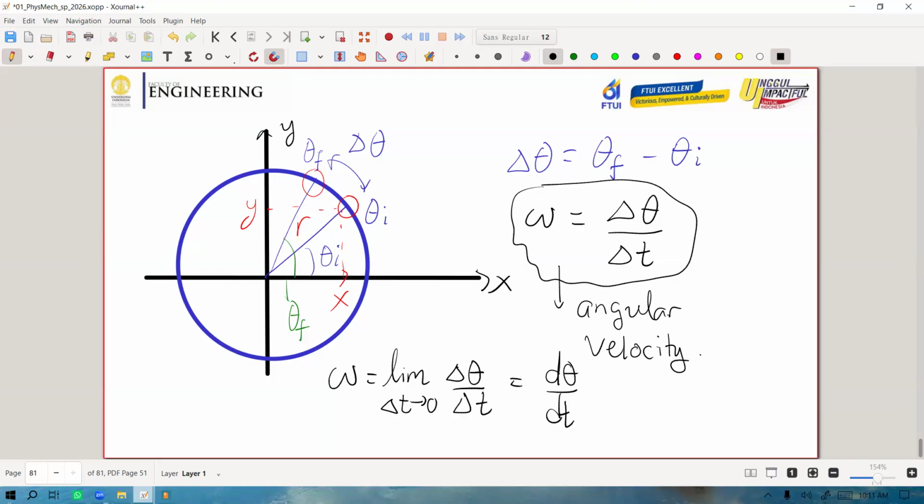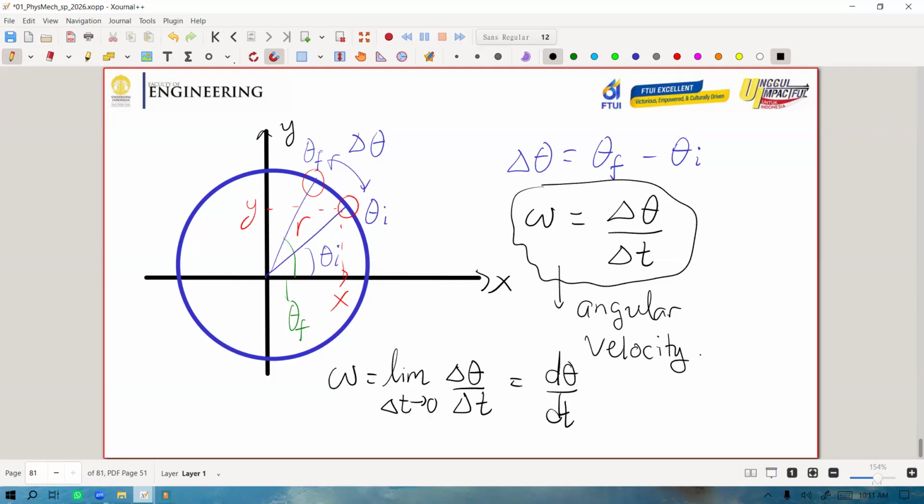Another variable in rotational kinematics is frequency. Frequency is how many rotations occur in 1 second. If you want to measure the time to make one rotation, that is the period. So the relation is omega equals 2 pi times frequency f, and with T as the period of rotation, omega equals 2 pi divided by T. The period is in seconds, but frequency is in hertz. Frequency means how many rotations in 1 second, but period is the time to make one rotation.